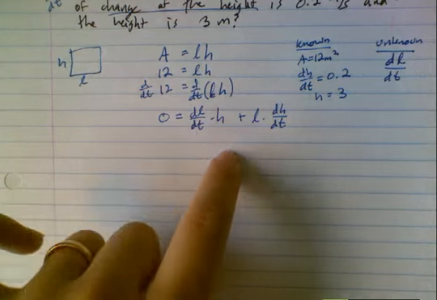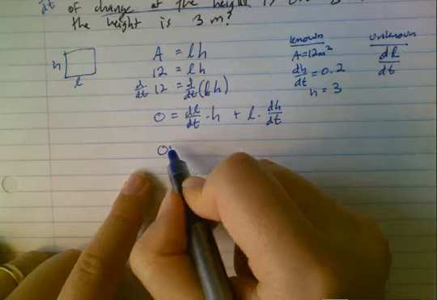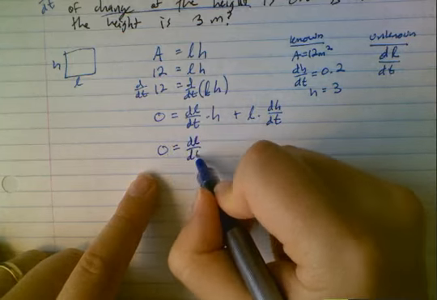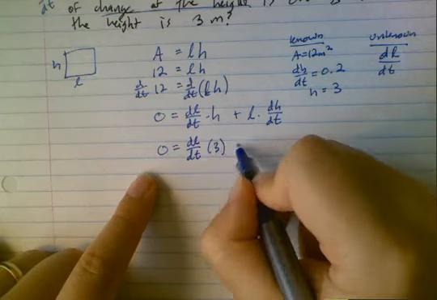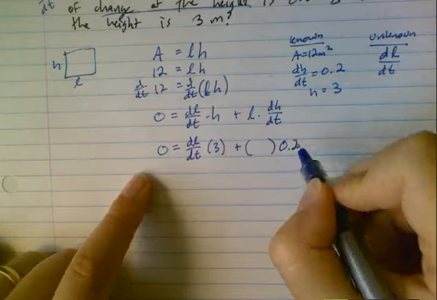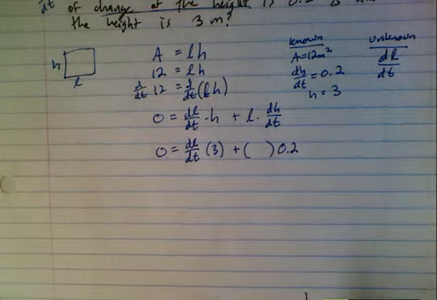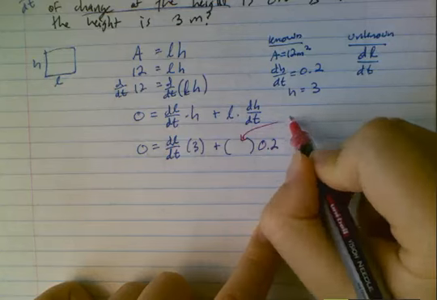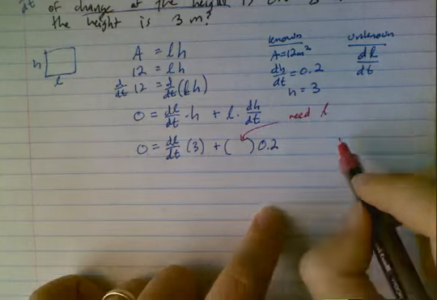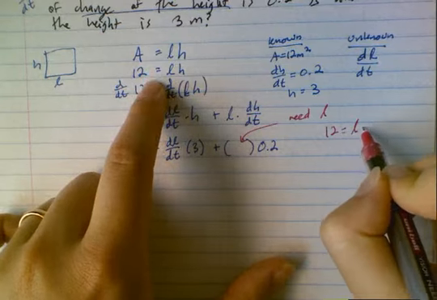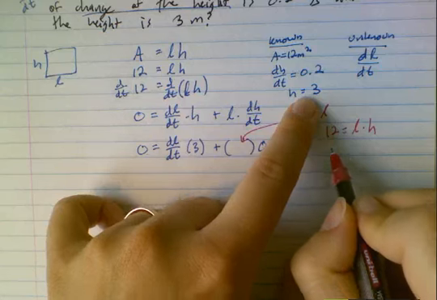So that means we should start doing some substitution over here. dl/dt is our unknown, h is 3, L we don't know, dh/dt is 0.2. So that means we need to find L. We do know that 12 equals L times h. We know that h equals 3.